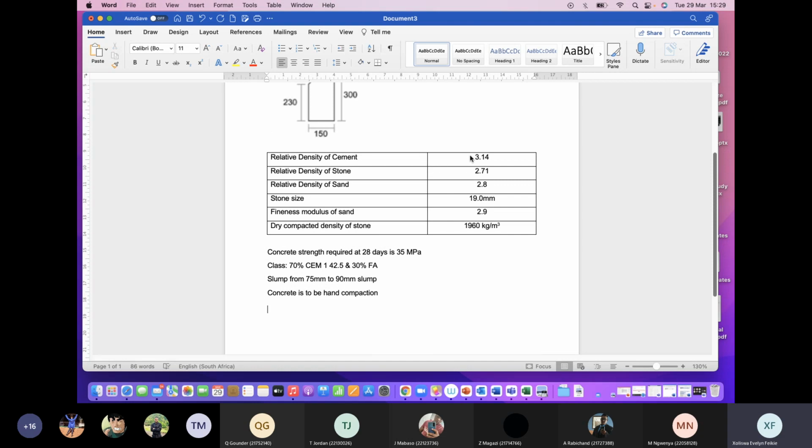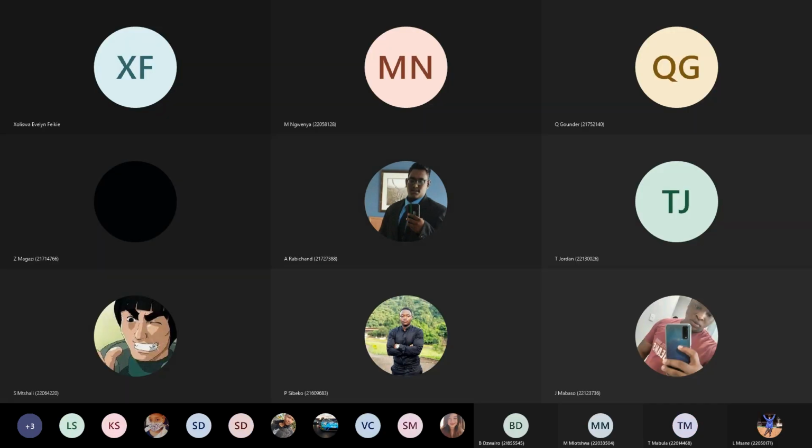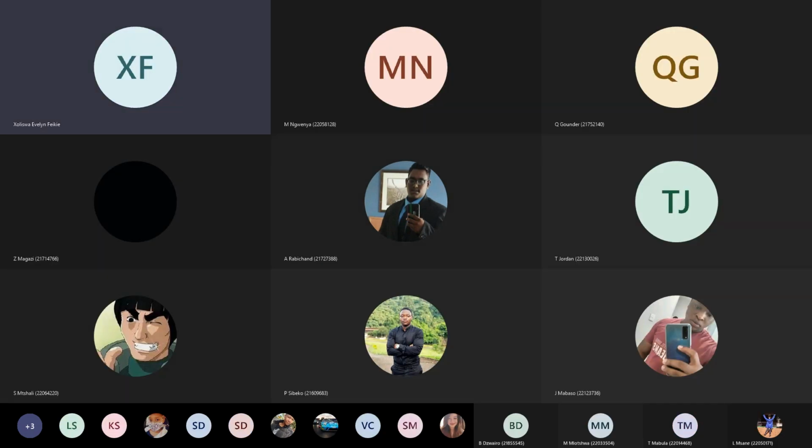So the first thing, what did they say? Step 1, water to cement ratio. If you look at the information that is given, can you indicate the water to cement ratio that you are going to use?